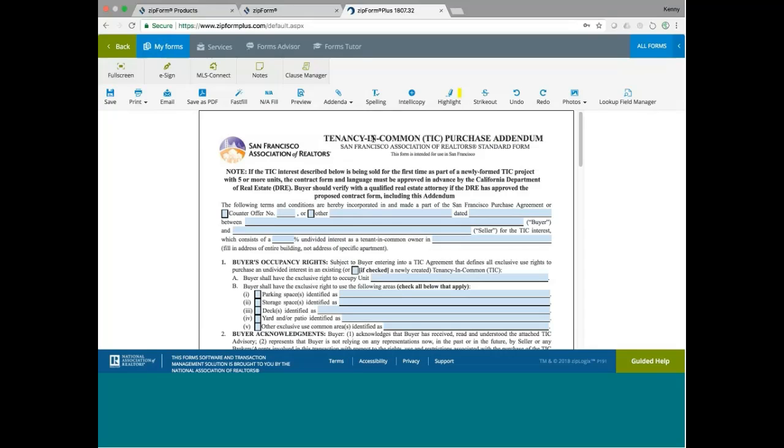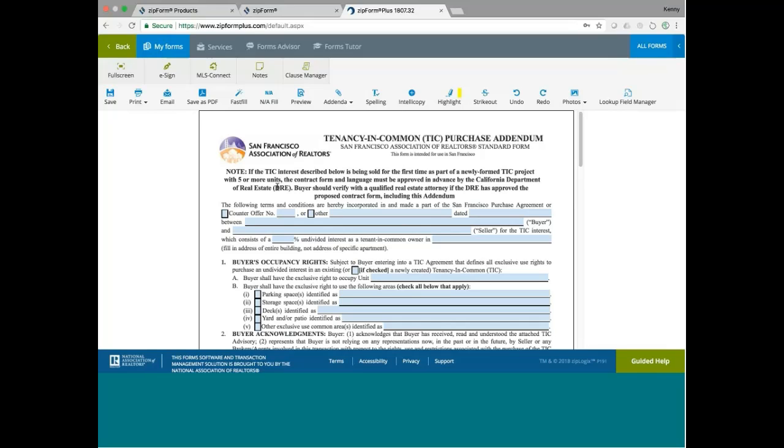All right, this is what the form looks like. It says here, note, if the TIC interest described below is being sold for the first time as part of a newly formed TIC project with 5 or more units, the contract form and language must be approved in advance by the California Department of Real Estate.